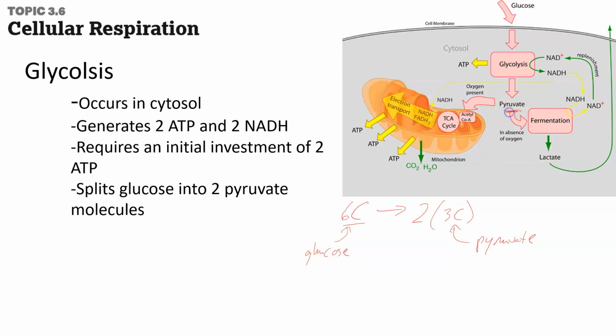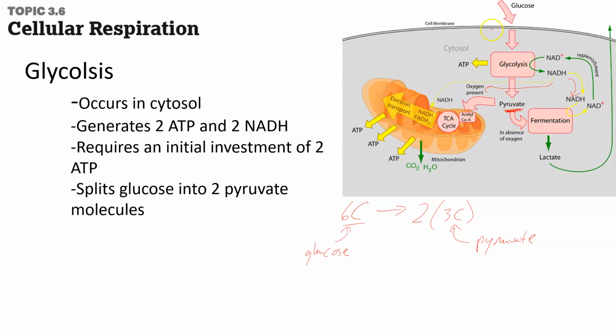At this point, you either have oxygen, so you're going to follow this pathway over here, or you do not have oxygen. If you do not have oxygen, you're going to follow this pathway down here, which leads to fermentation, lactic acid fermentation in animals. So pyruvate is either going to go into the mitochondria or never enter the mitochondria.